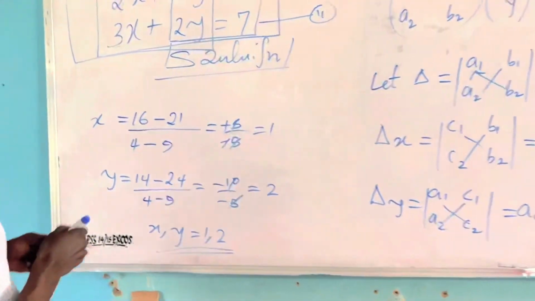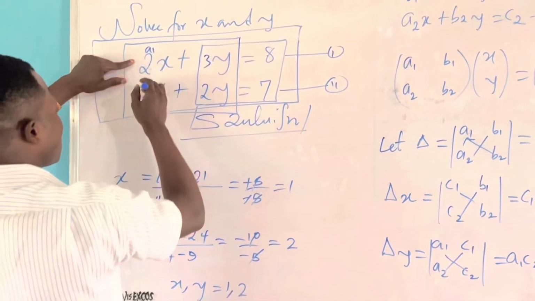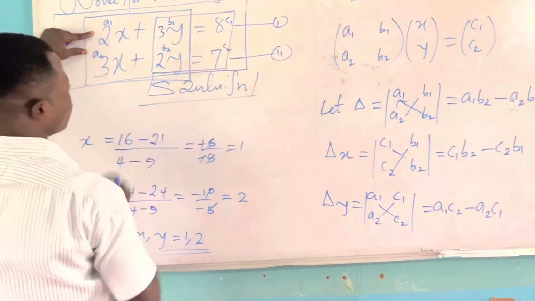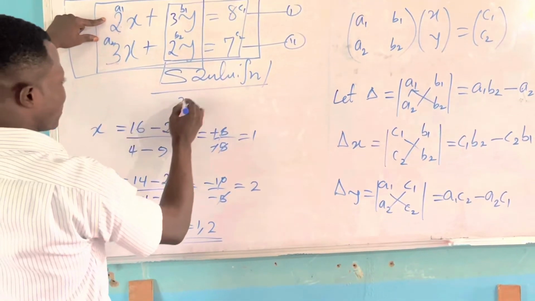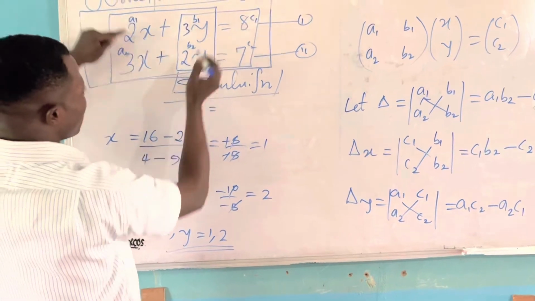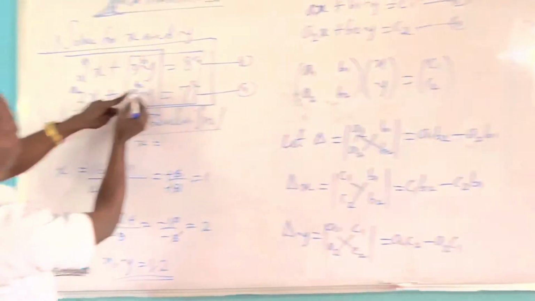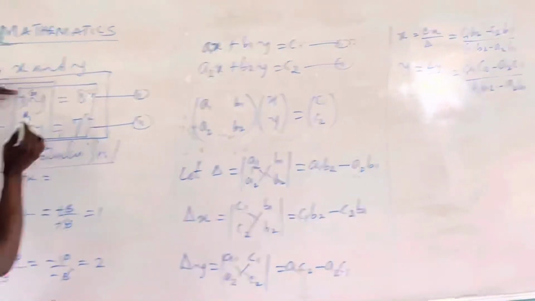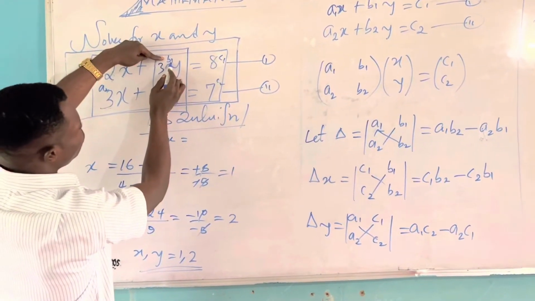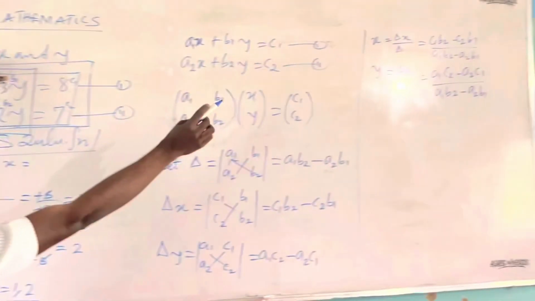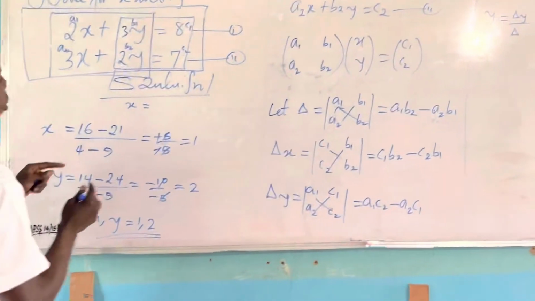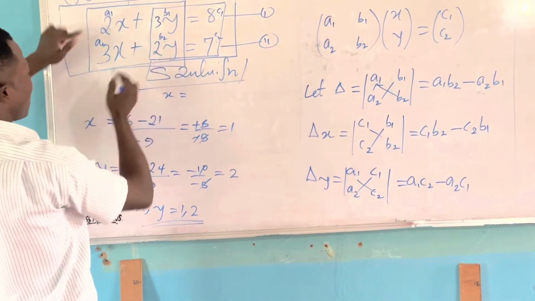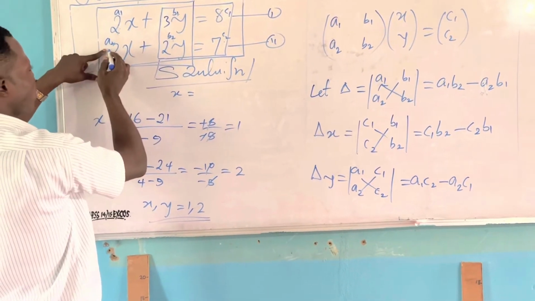So you agree with me that if you label these as A1, A2, B1, B2, C1, C2, then according to what I derived here, our x will be B2 times C1, you can see it from the equation, minus B1 times C2, all over the general determinant, A1 times B2 minus A2 times B1.